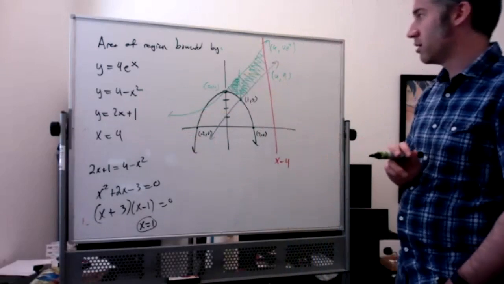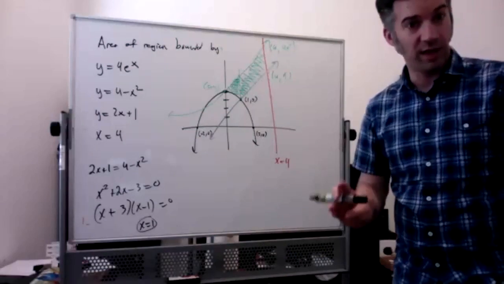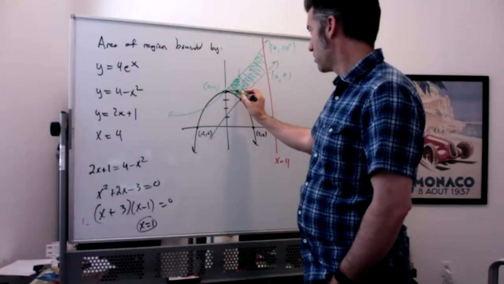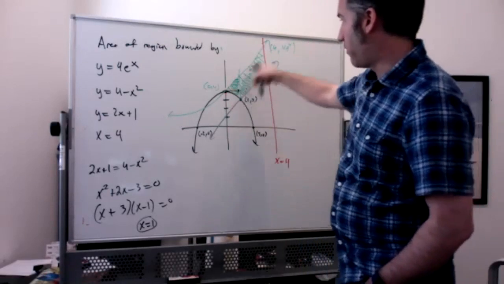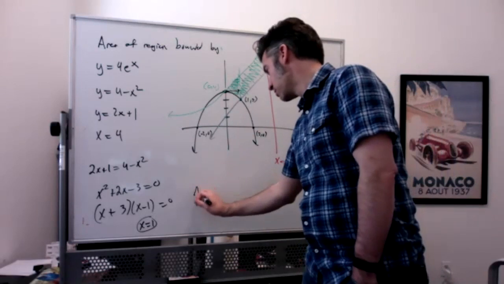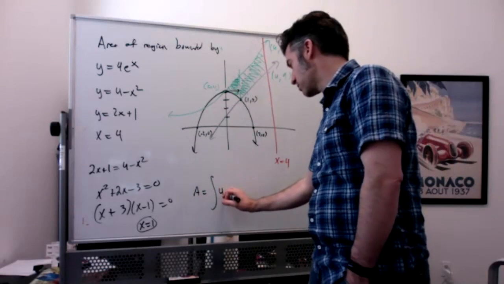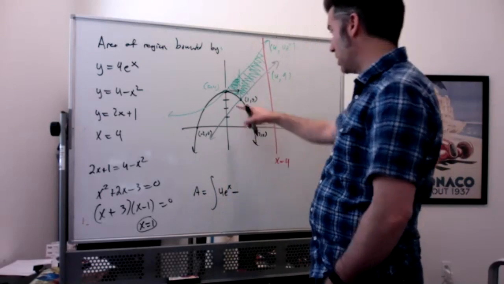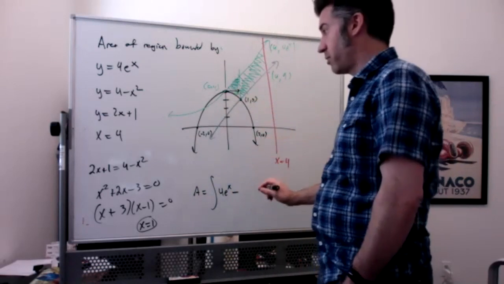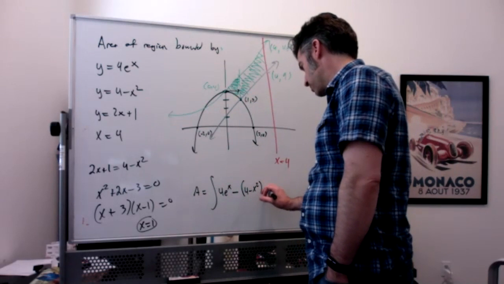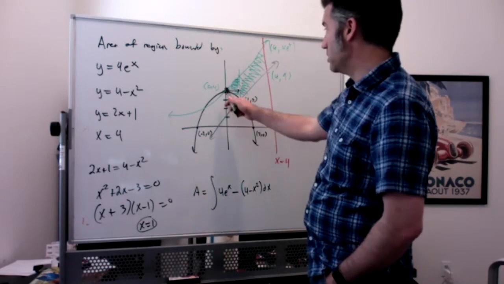Okay. So here's how we're going to set up the integral for the area. From here to here, the top function is 4e to the x. The bottom function is this parabola, which is 4 minus x squared, from 0 to 1.